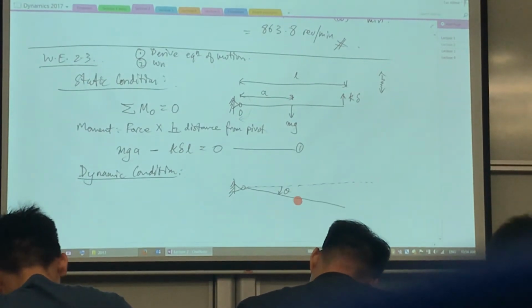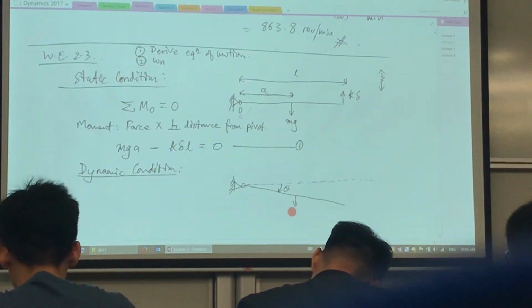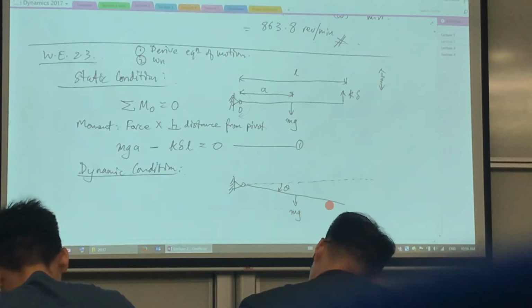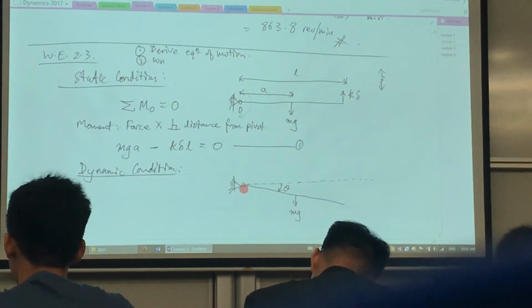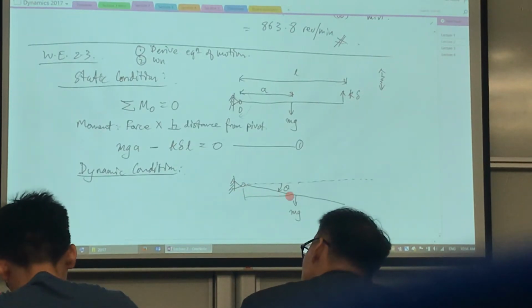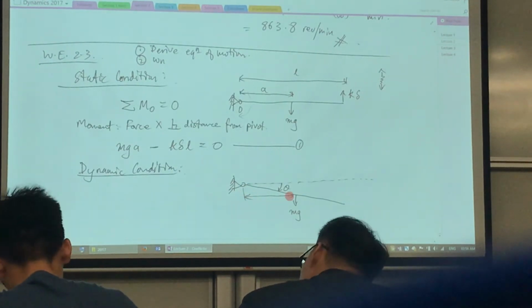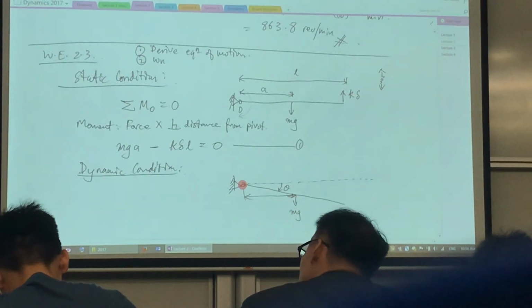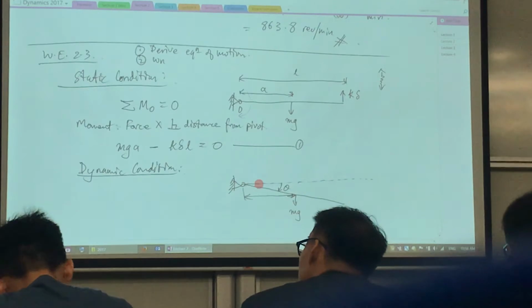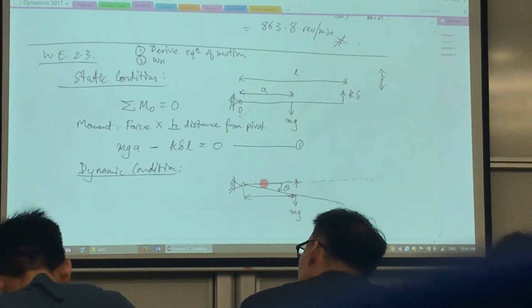And it will still experience mg force on the beam. However, this perpendicular distance, all the way here, is the same as from here to here.